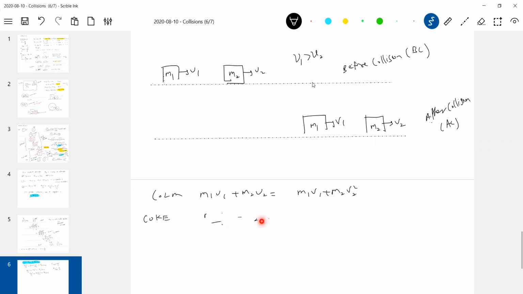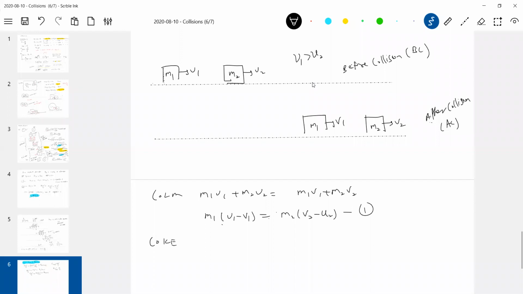Let me rewrite this, so this will be M1 U1 minus V1 equals M2 V2 minus U2. Call this equation 1.